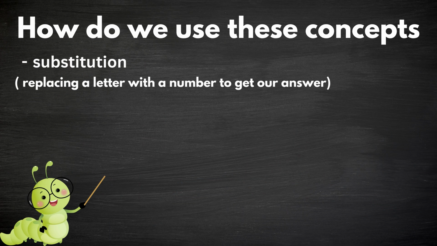So, how do we use these concepts in mathematics? Well, this concept goes hand in hand with substitution. Substitution means replacing a letter with a number to get our answer. Let's look at a quick example to see how it works.